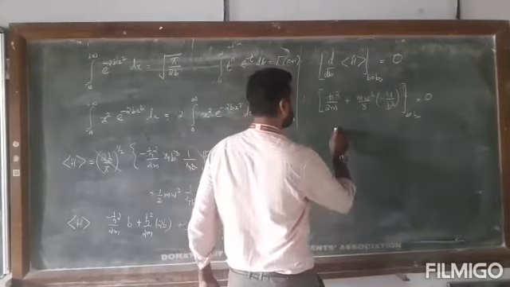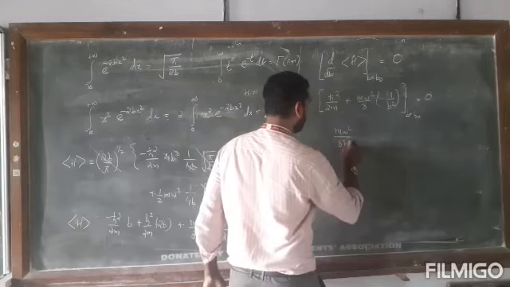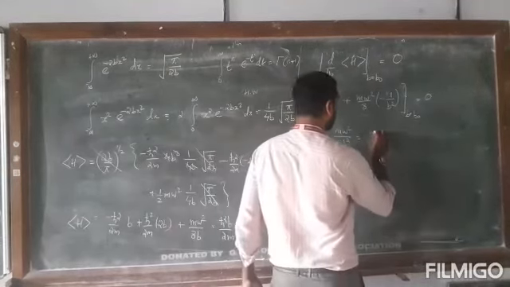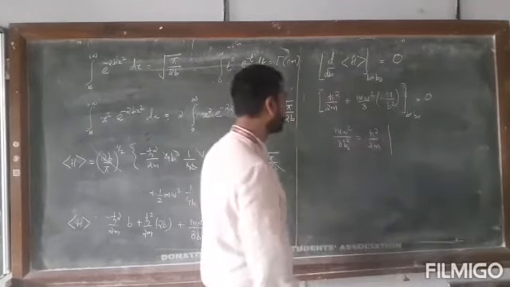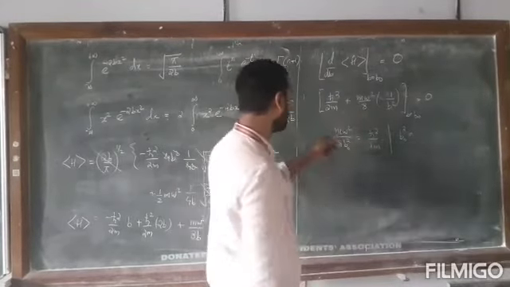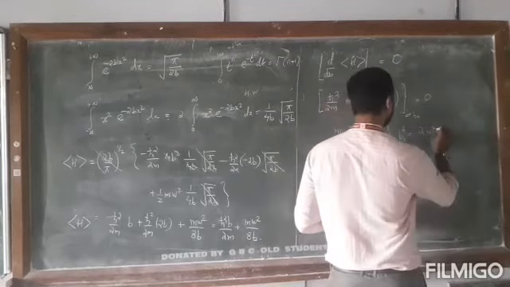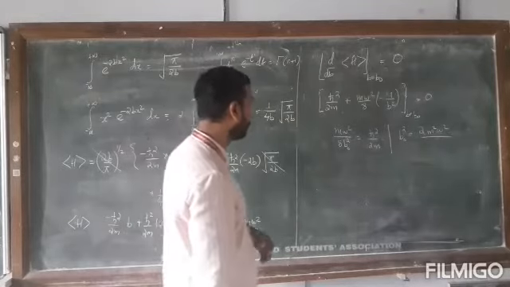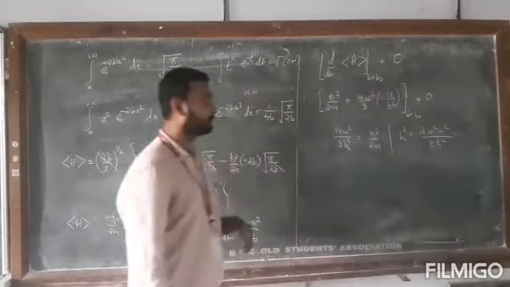What you get is mω²/8b0² equal to ħ²/2m, or b0² can be written as 2m²ω² divided by 8ħ².